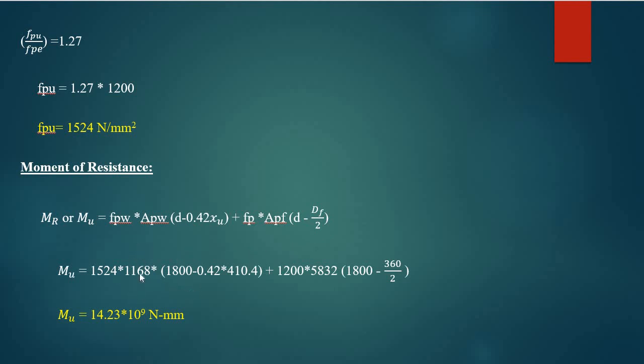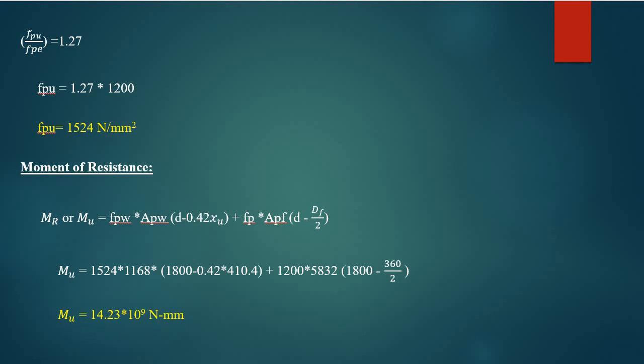So substitute the values. It is 1524 into 1168 into (1800 minus 0.42 into 410.4) plus 1200 into 5832 into (1800 minus 360 by 2). Therefore, MU is 14.23 into 10 power 9 Newton mm.